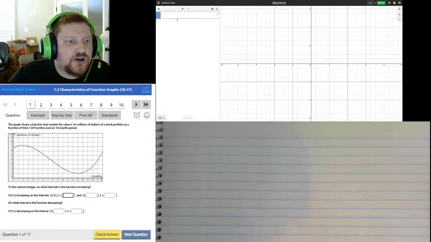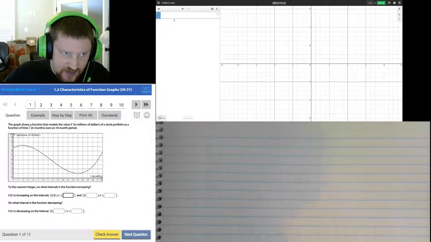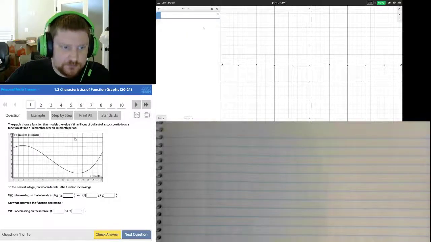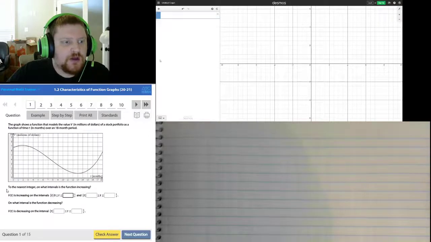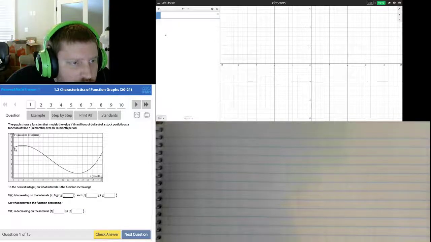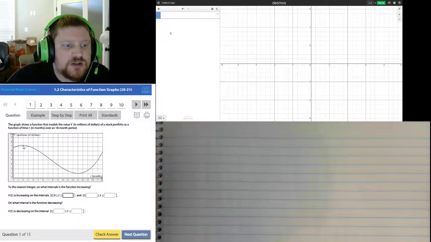The graph shows a function that models the value v in millions of dollars of a stock portfolio as a function of time in months over an 18-month period. So, to the nearest integer, on what values is the function increasing? Well, it looks like it's going up from here to about here. And since they want the nearest integer, that would be 2.